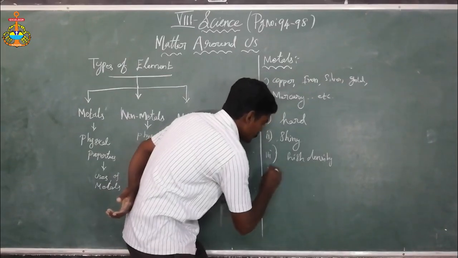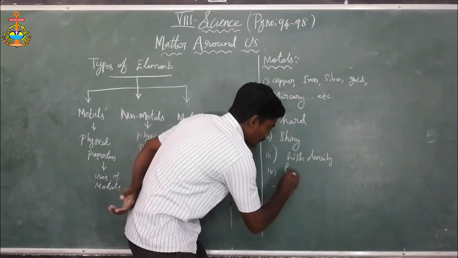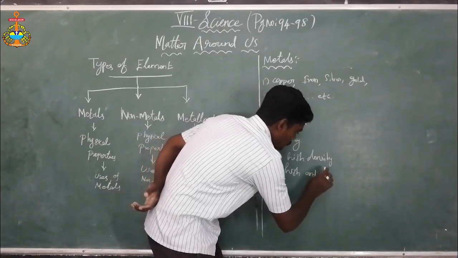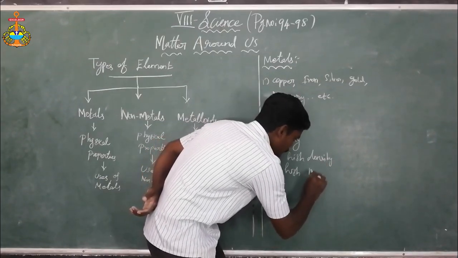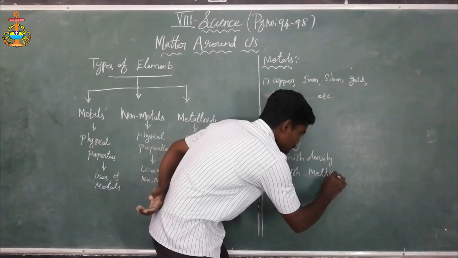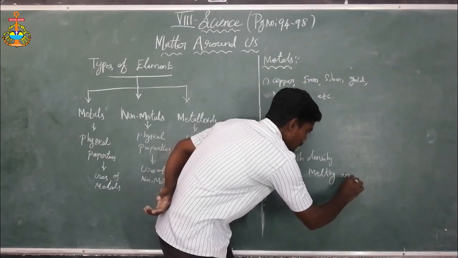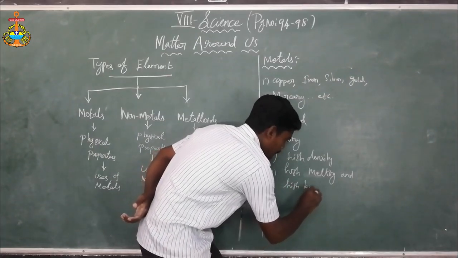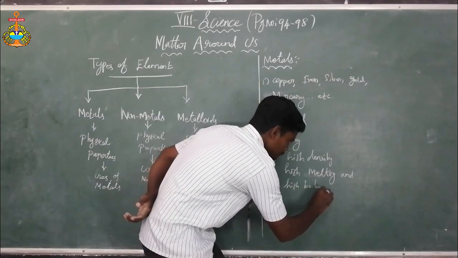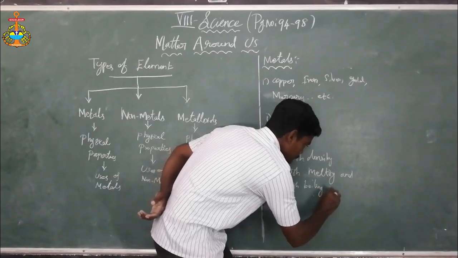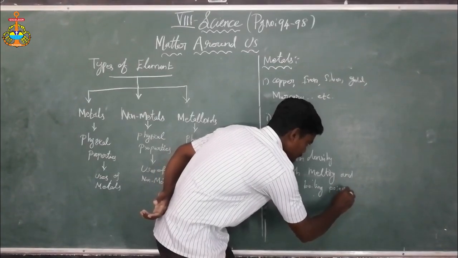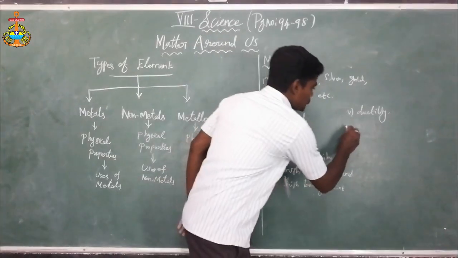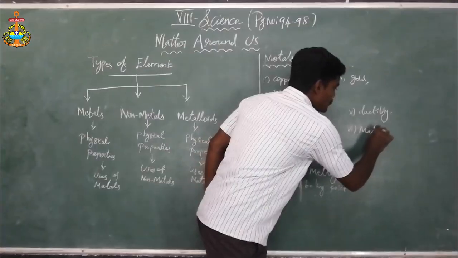The fourth one, metals have a high melting point and a high boiling point. Fifth one, metals have ductility. Sixth one, metals have the malleability function.